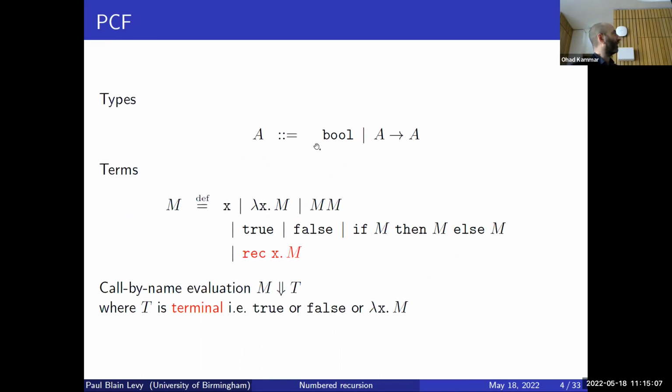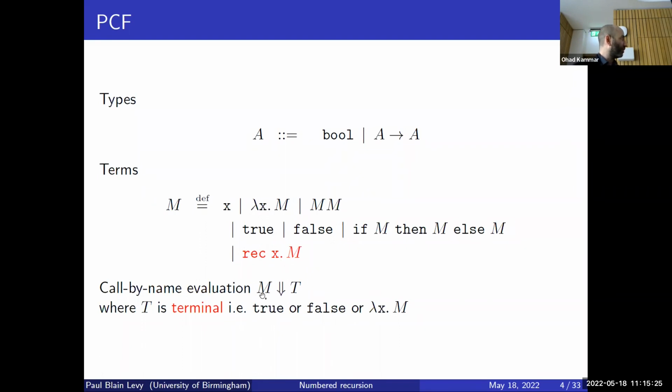I'll leave out the number types. That was the main point at the time, but for the purpose of this talk, it doesn't really matter. We'll just have booleans and function type, and lambda calculus, and conditionals, and recursion. Just term level recursion, no type recursion.